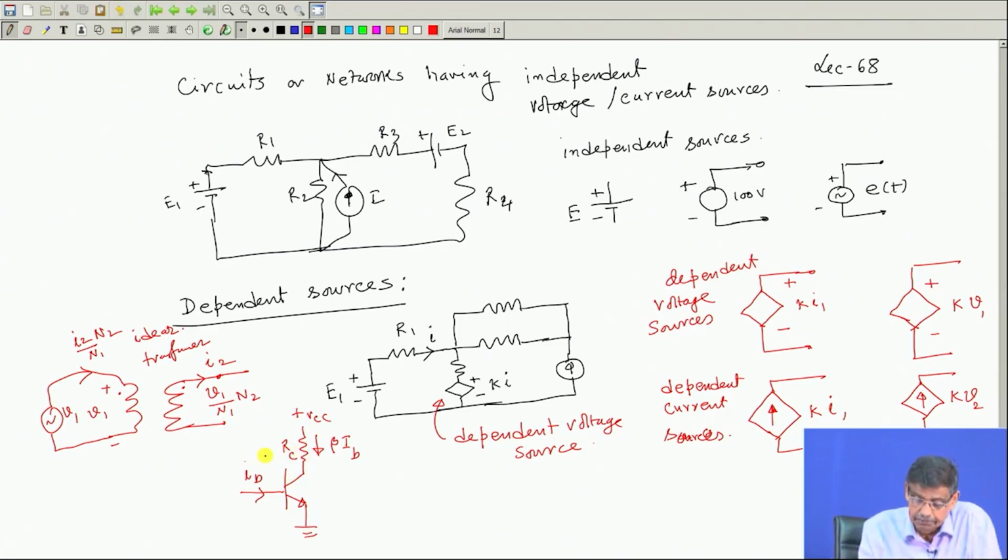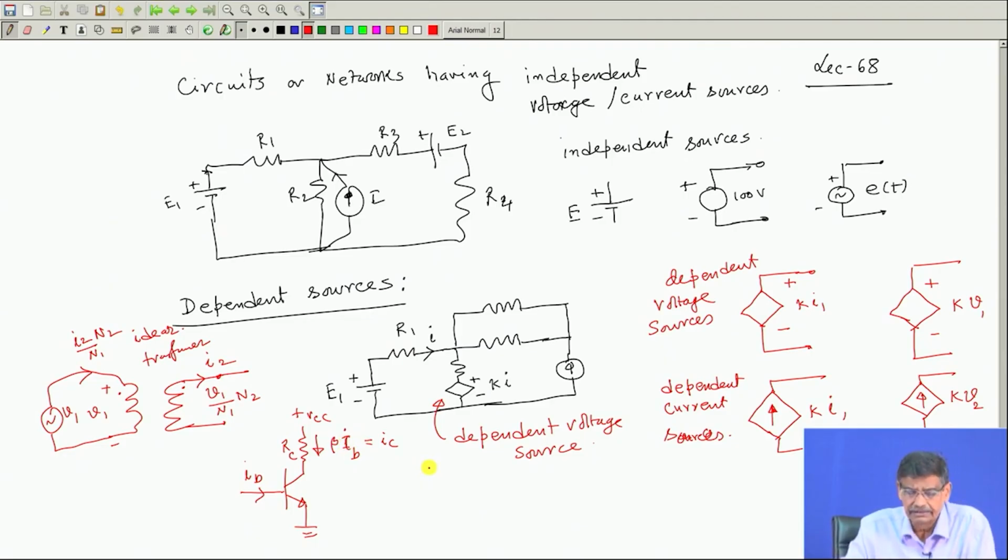So, the current in this branch is fixed by the base current times beta, the transistor constant, that is the amplification factor between collector current and base current. So, collector current IC will be beta times the base current. So, there may be situations like that.